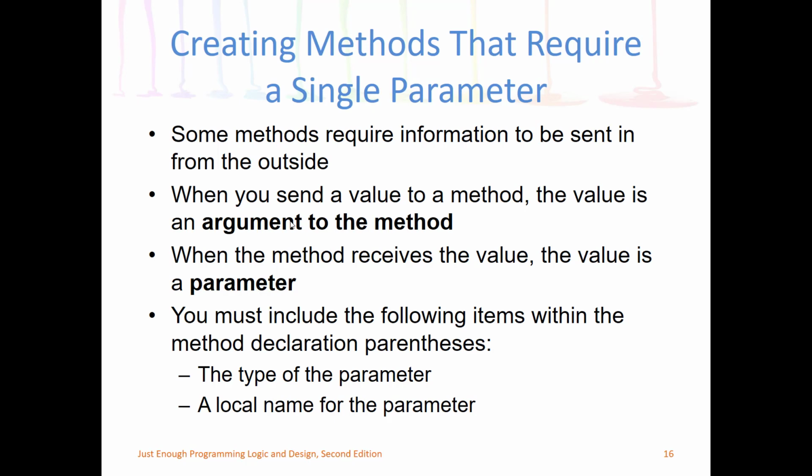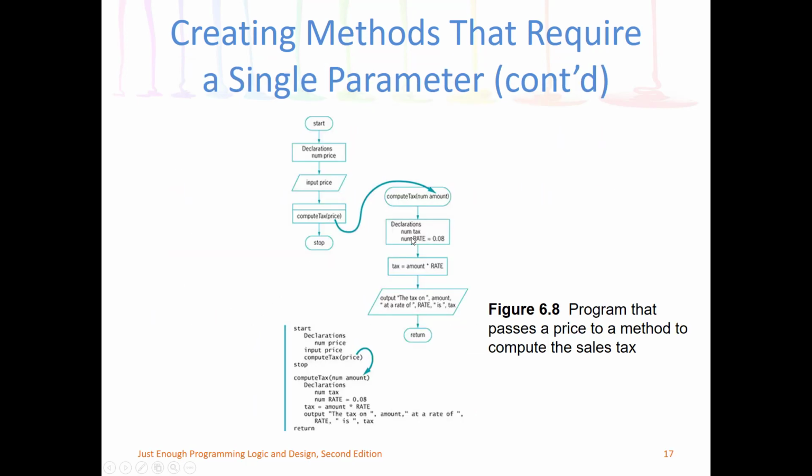You've seen this if you've done anything much at all, you'll see the method name, an opening parenthesis and a closing parenthesis. Sometimes there'll be nothing in those parentheses, but that's your argument list. You don't have to have any, but if you put them in there, the caller has to have the exact same number and type as the actual method itself. So the type of the parameter and the local name of the parameter. And that's the parameter list, or actual argument list, if you will, depending on what book you're looking at.